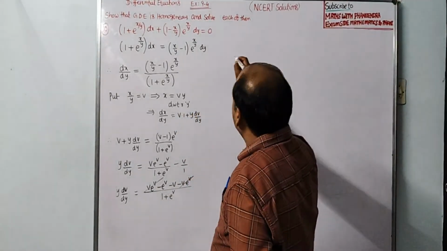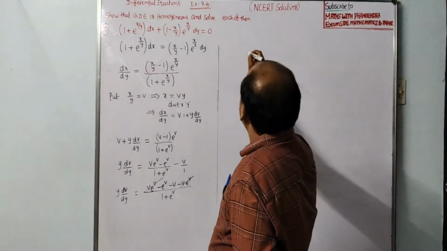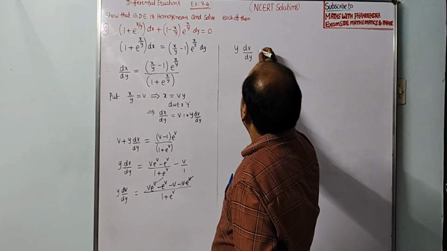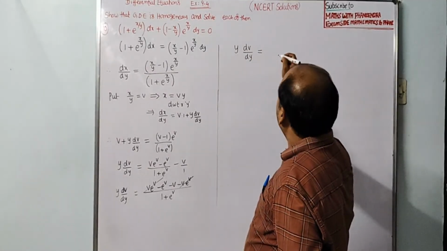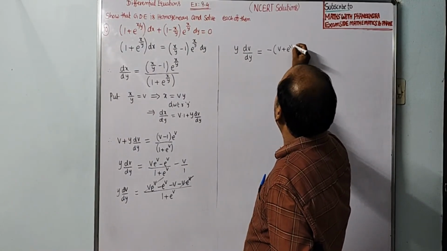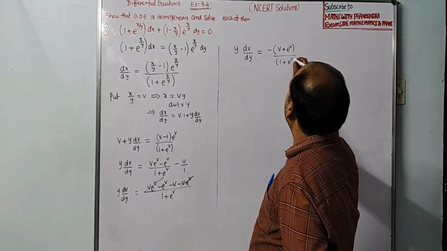Now we are separating the variables v and y. y into dv by dy is equal to minus, taking common, (v + e^v) divided by (1 + e^v).